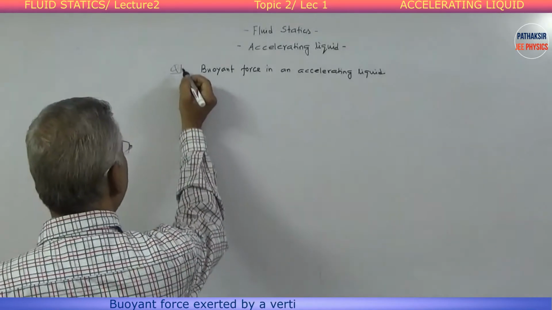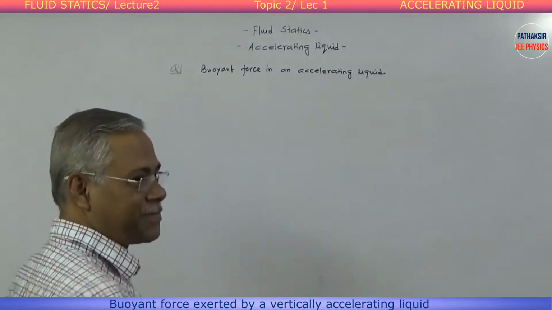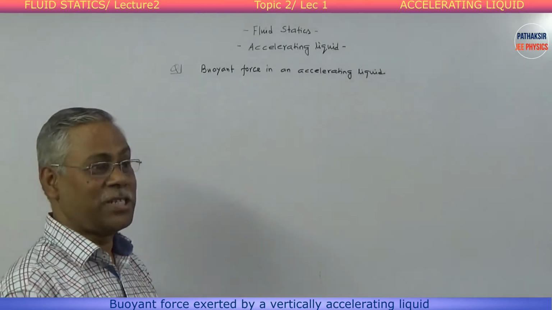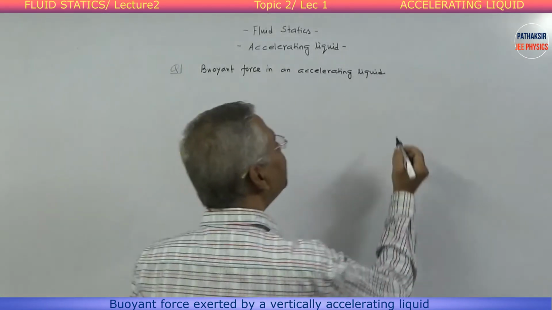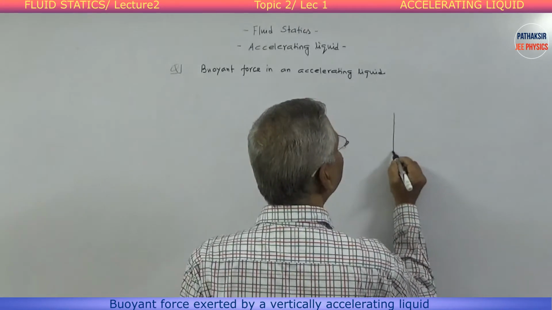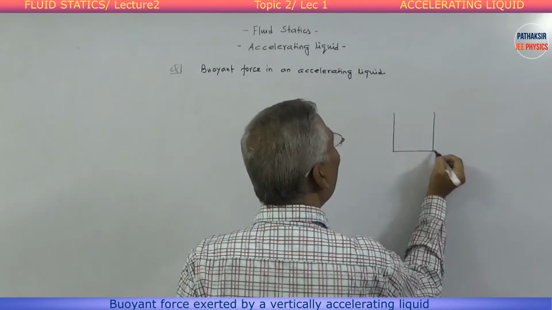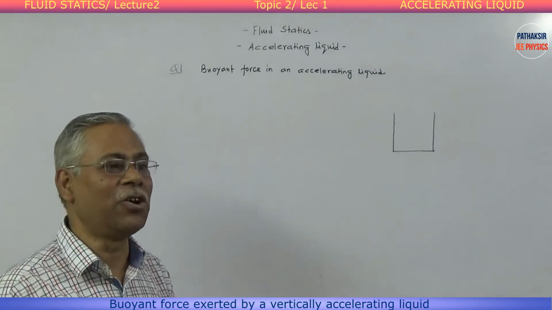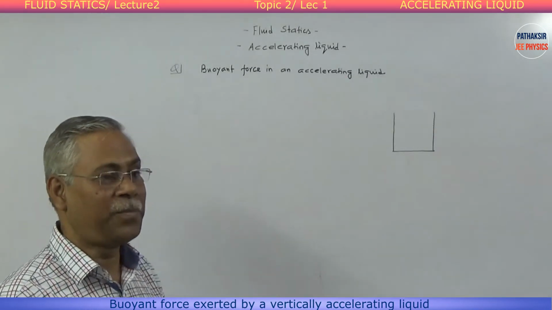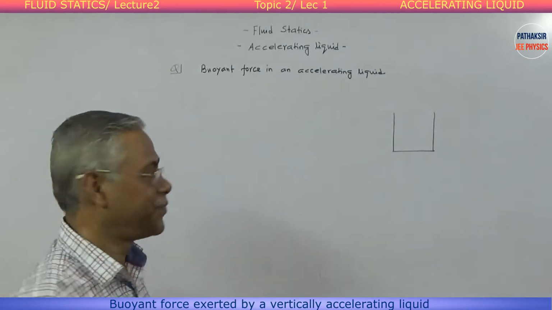First I will ask you, what is the origin of buoyant force? You know that buoyant force is equal to the weight of displaced liquid. But what is its source?